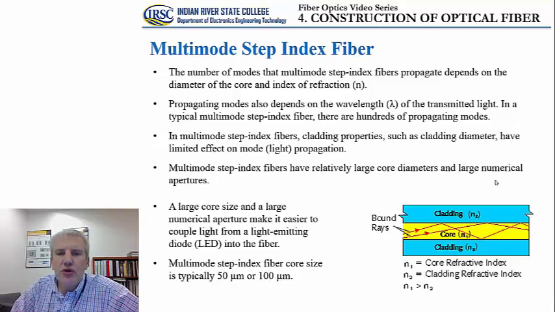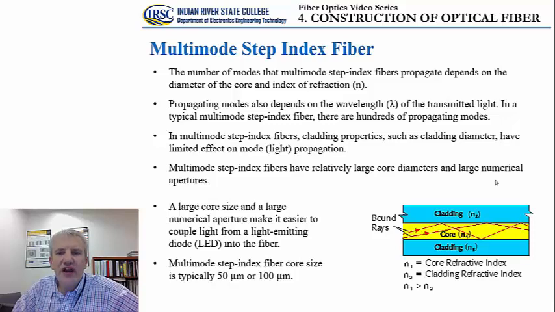Propagating modes also depend on the wavelength of the transmitted light. In a typical multimode stepped index fiber, there may be hundreds of propagating modes, and cladding diameter in this case is going to have a limited effect on the propagation of light.